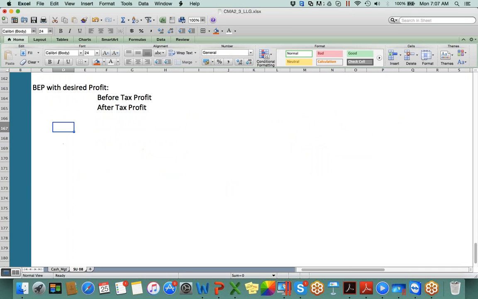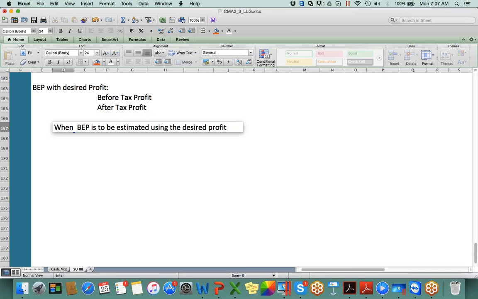When a break-even point is to be estimated using the desired profit, before tax or after tax, we must find the sales required.